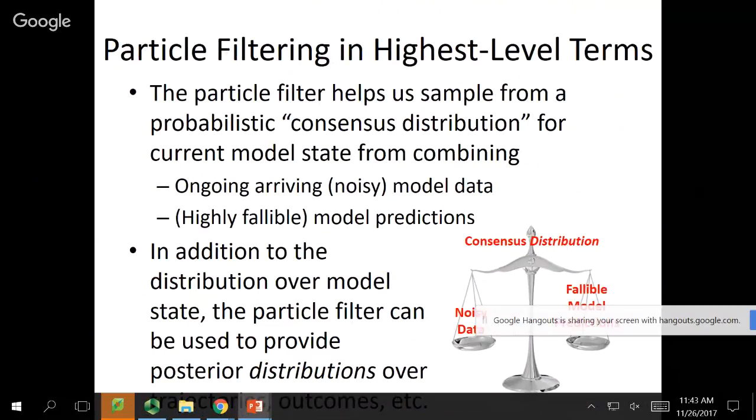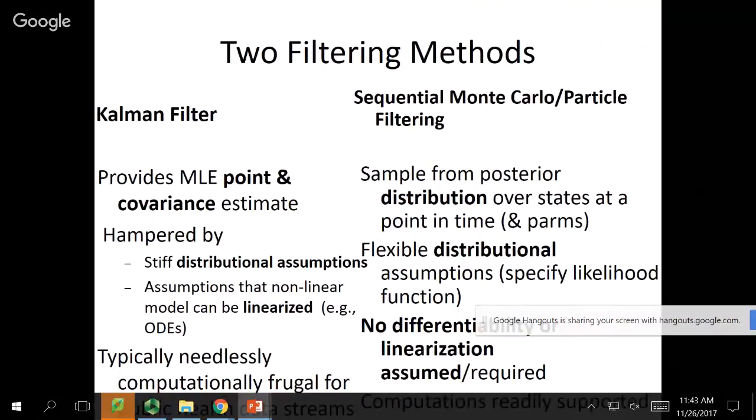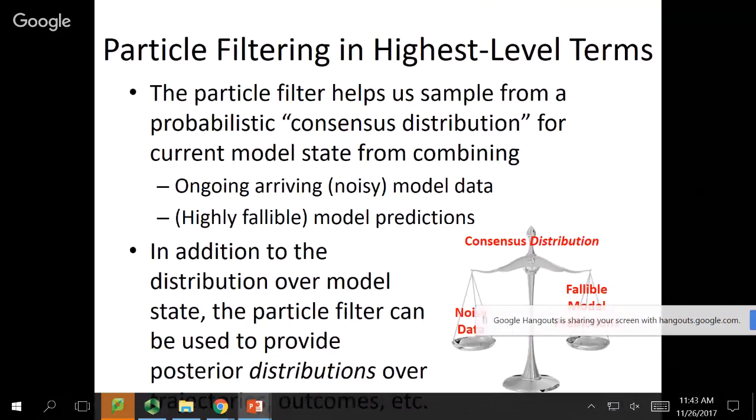Okay, so what is Kalman filtering? Very powerful, but very restrictive, and needlessly computationally frugal for our purposes. So, in very highest terms, and this will be very basic for everyone here, particle filtering helps us sample from a sort of probabilistic, I'd like to term it a consensus distribution.